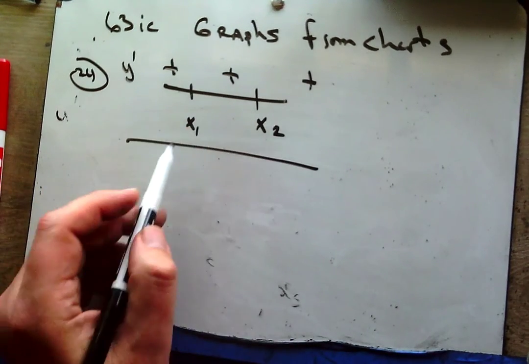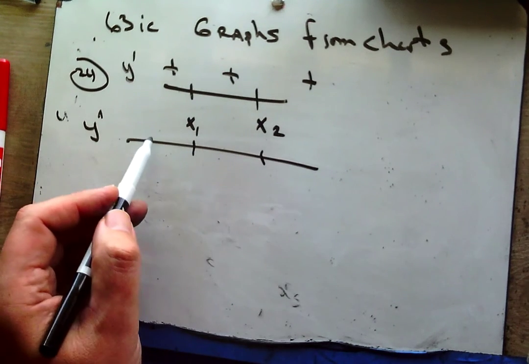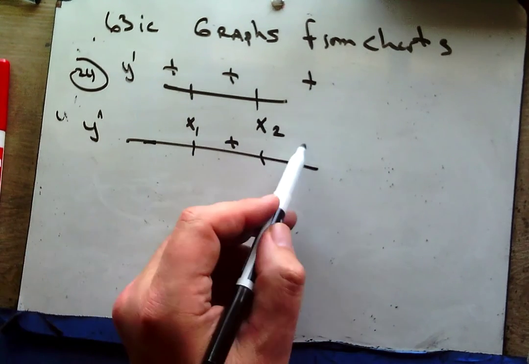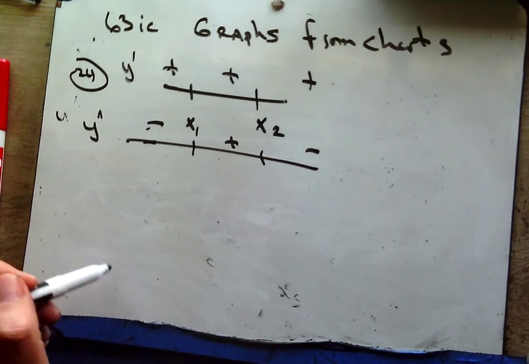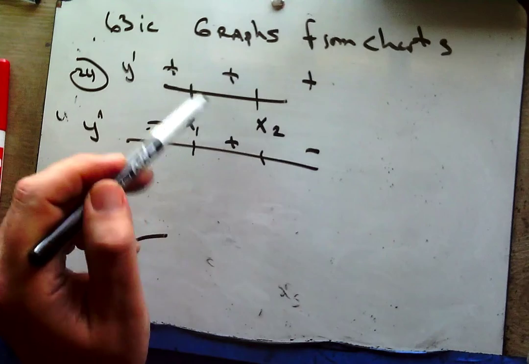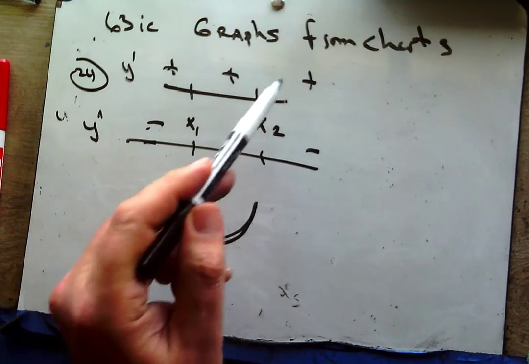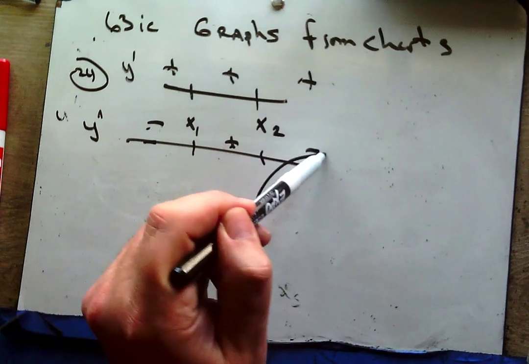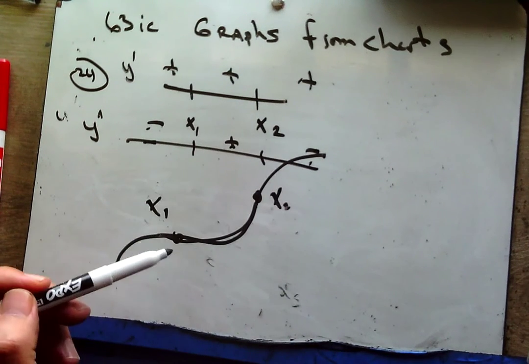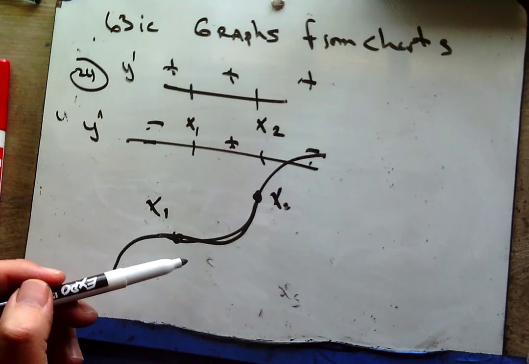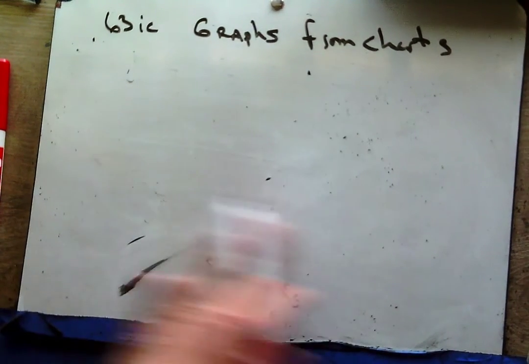And we know that y double prime is negative, positive, negative. So increasing and concave down, increasing and concave up, and increasing and concave down. That's x sub 2, that's x sub 1. I like it.